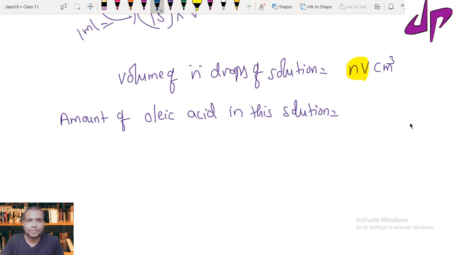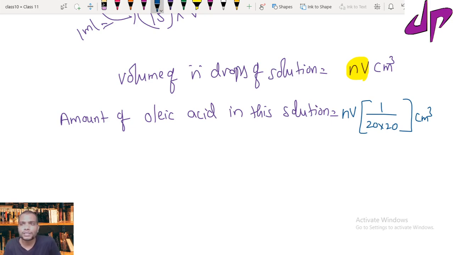We can write number of drops times how much volume we have taken. So 1 over 20 times 20 centimeter cube. Here I have mentioned number of drops times volume of drop. So this is the amount of oleic acid present in the solution.